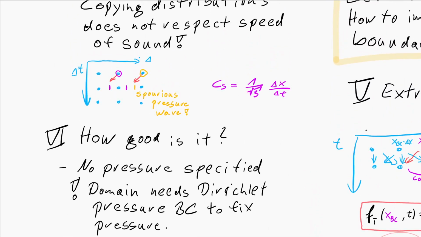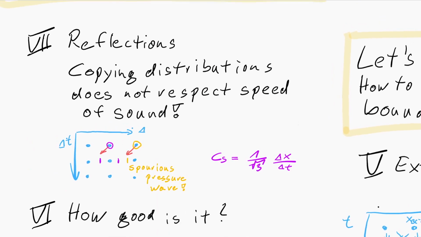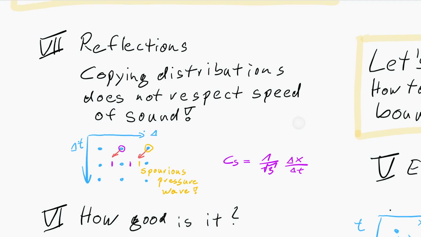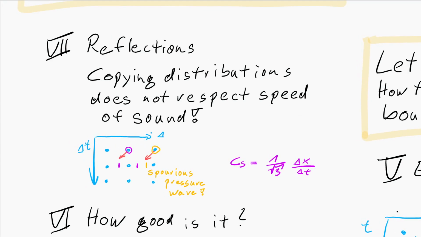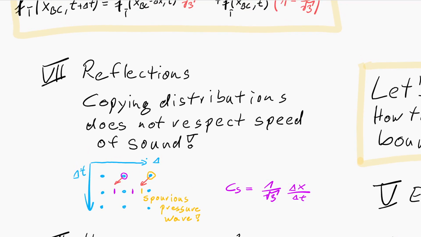And this is what we briefly look at here. Why is this non-reflective, and what do I mean with non-reflection? So in the lattice-Boltzmann method, because we have a weakly compressible solver, we have sound waves in the domain, which is now indicated here.